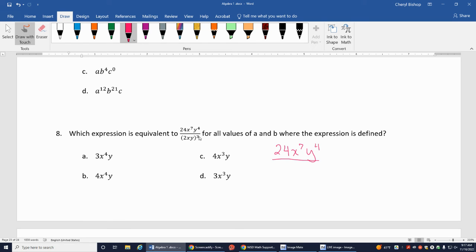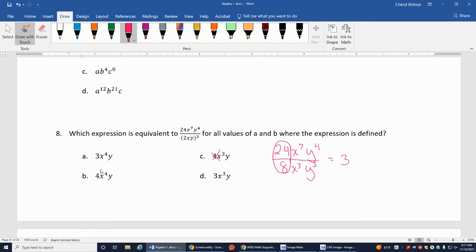So 2 times 2 times 2, right? 2 times 2 is 4, times another 2 is going to be 8. And then x 3 times. So x times x times x is x to the 3rd. And y 3 times. Y times y times y is y to the 3rd. So then we look at our 24 divided by 8, which is 3.